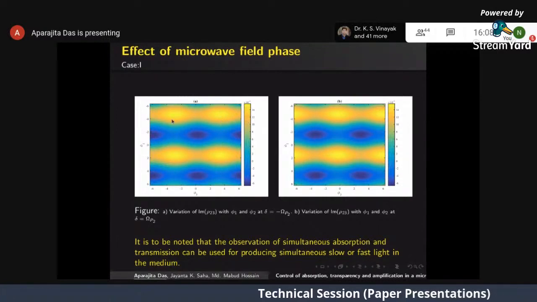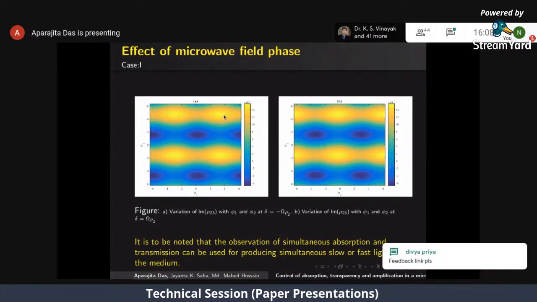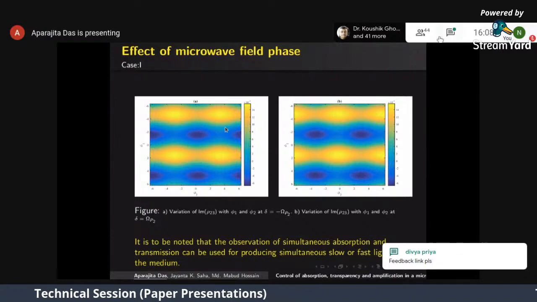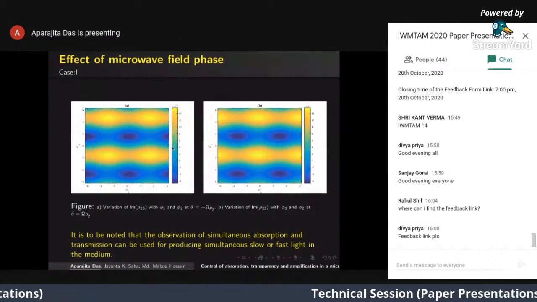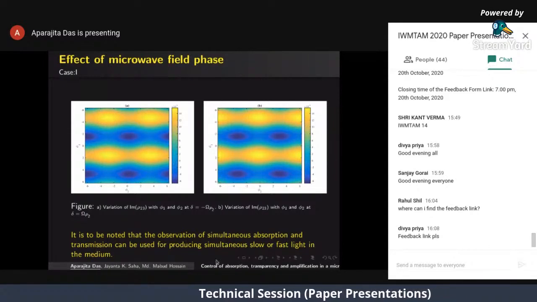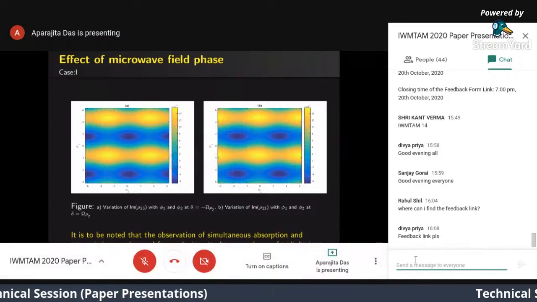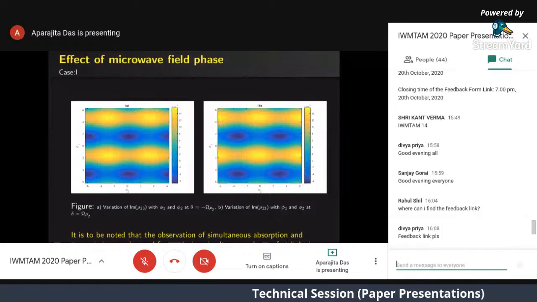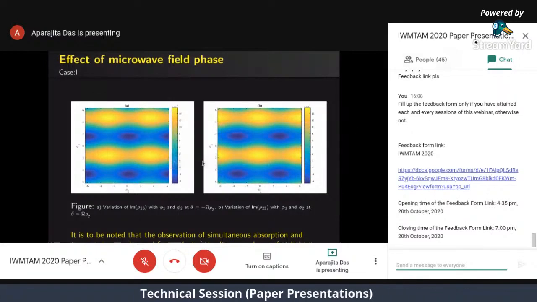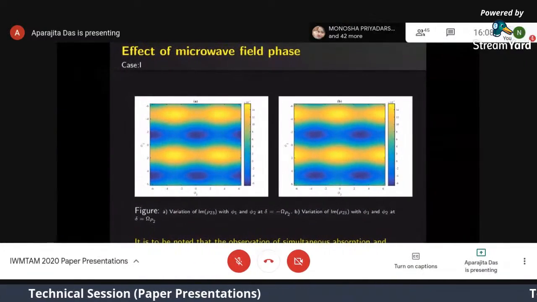That means here we are getting absorption, and these light blue portions are indicating the transparency. So it is to be noted that the observation of simultaneous absorption and transmission can be used to produce the simultaneous slow and fast light in the medium by such atomic system.